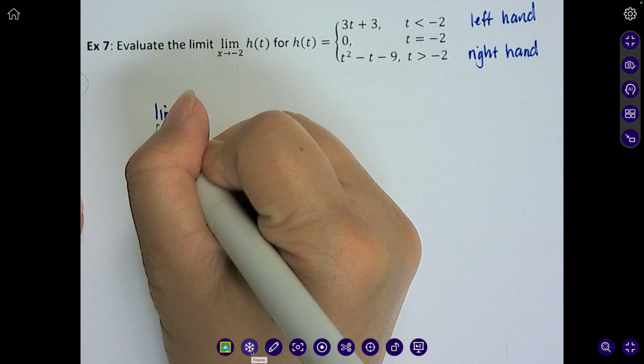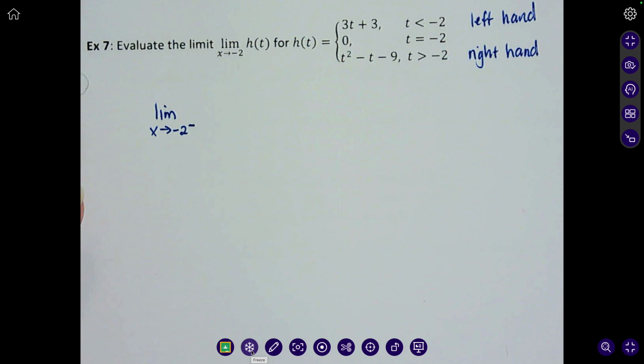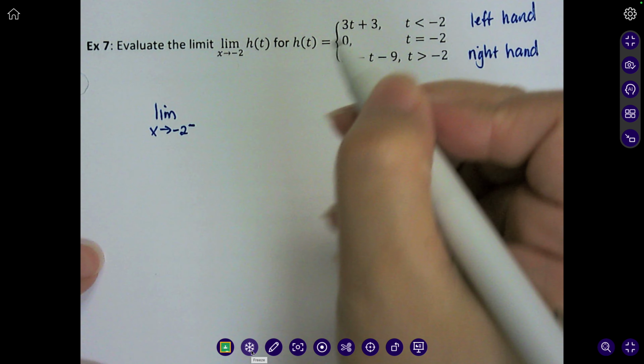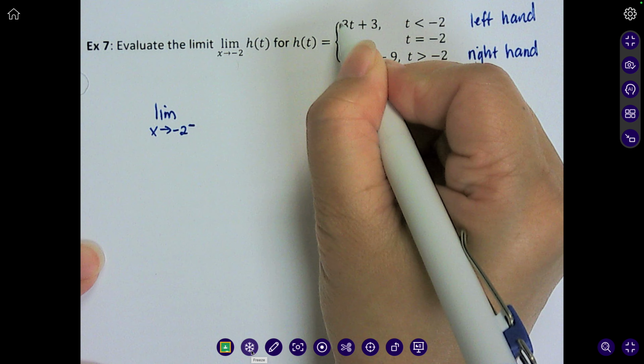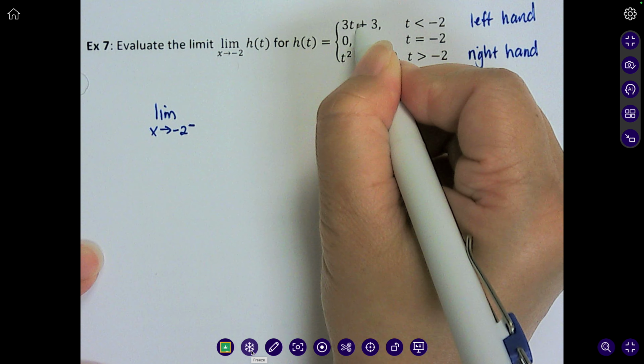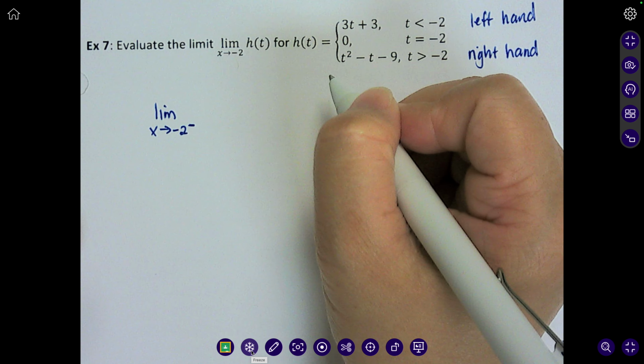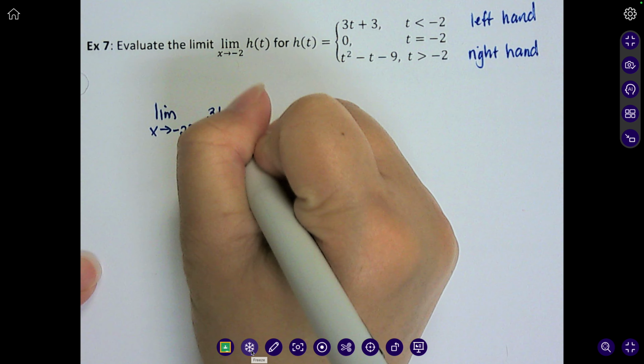So this is the limit as x approaches -2 from the left side. Okay? And I'm going to write just the left function. I don't want to write h of t because there's like 3 of them. So you're going to have to pick the correct one, all right, which is the one on the left. So that's going to be 3t plus 3.